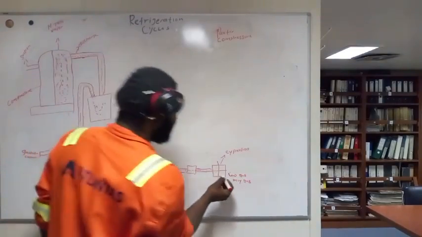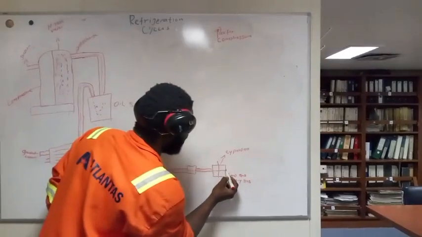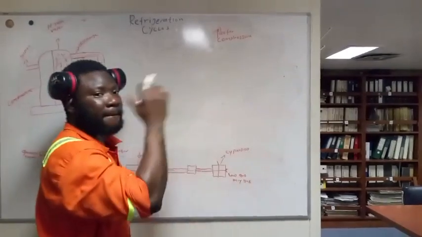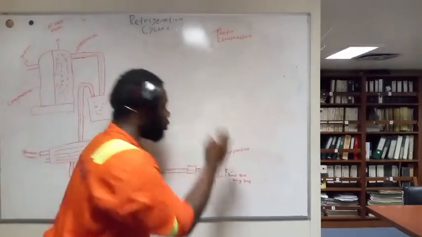So when it comes out from this expansion valve, it moves to the evaporator inside the cold room.